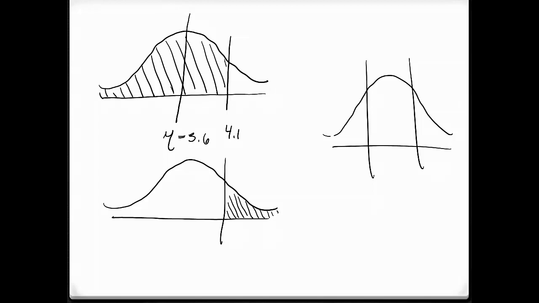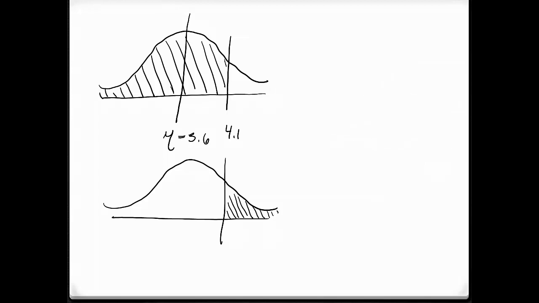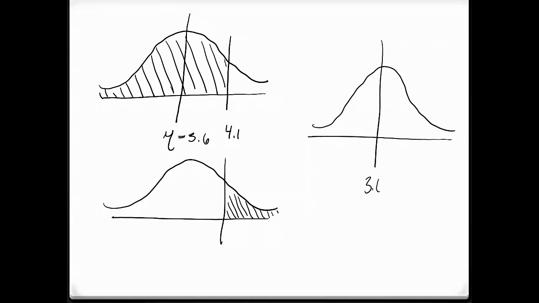So let me erase some of that. So we've got the mean at 3.6, and then we're over here at 4.1 when we want to find the in-between. The first step of doing this is finding the z's.